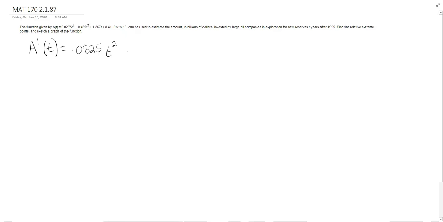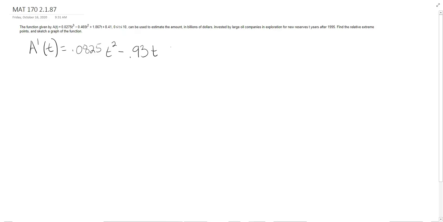Next we use the power rule on the t squared term. I'll multiply the 2 from the exponent out in front times minus 0.465. We still have a minus, and 0.465 times 2 gives me 0.93. The exponent decreases from a 2 to a 1.